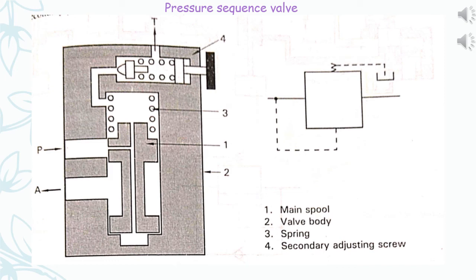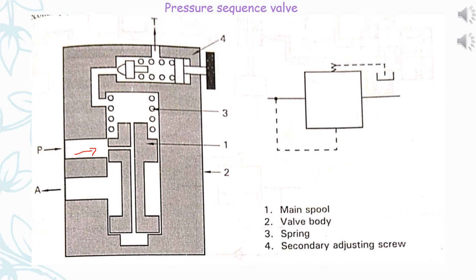Now let's take a pilot operated pressure sequence valve to see how the sequence of operation takes place in this valve. In this valve, the fluid flows freely through the primary passage to operate the first phase until the pressure setting of the sequence valve is reached.